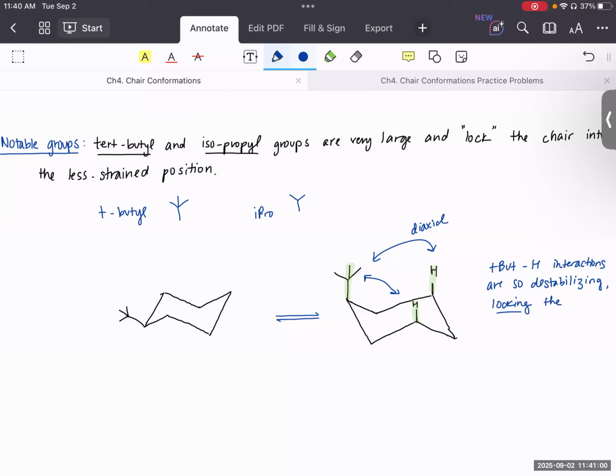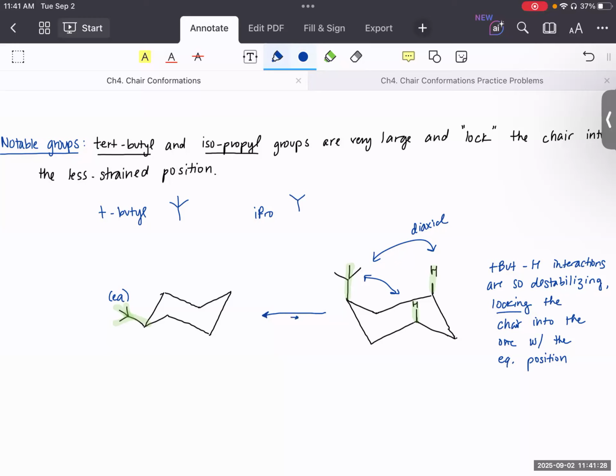In other words, this is also going to be the chair in which that tert-butyl group is in the equatorial position. And so we would want to choose this chair, where this group is in the equatorial position, as the most stable one. And equilibrium heavily, heavily, heavily favors that left side.